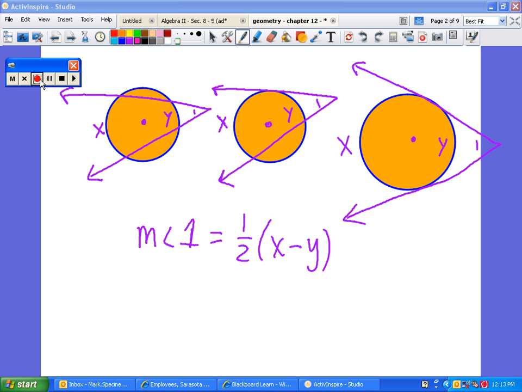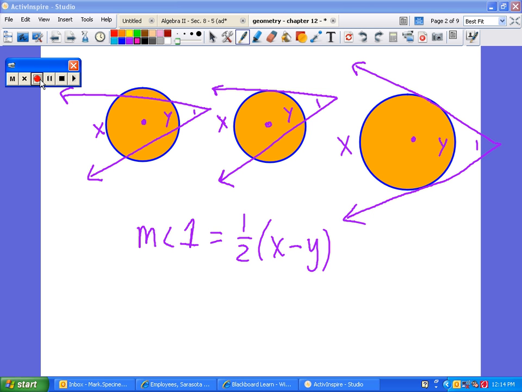Here it's formed by two lines that both go through the circle. Here it's formed by a tangent and a line that goes through the circle. Here it's formed by two tangents. So you can see it doesn't matter where the two lines go. You take the two arc measures and you subtract the smaller one from the bigger one.